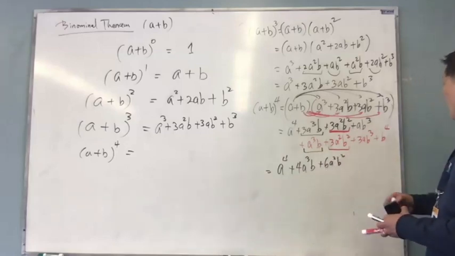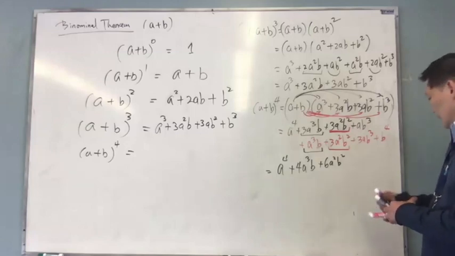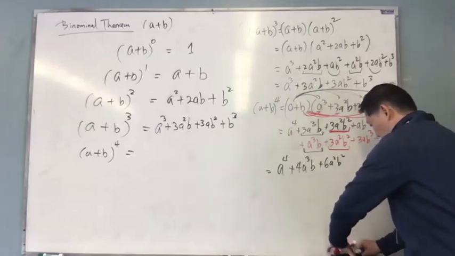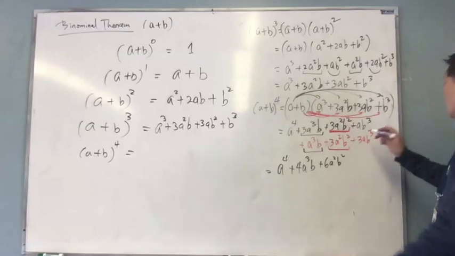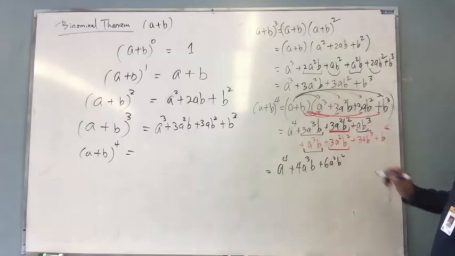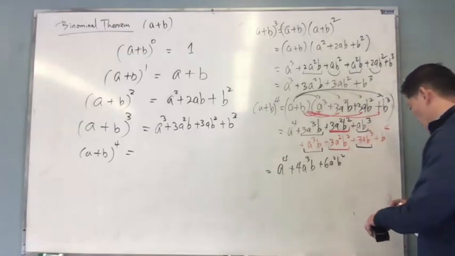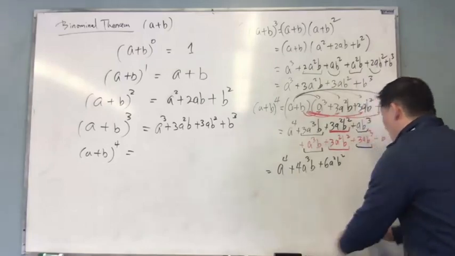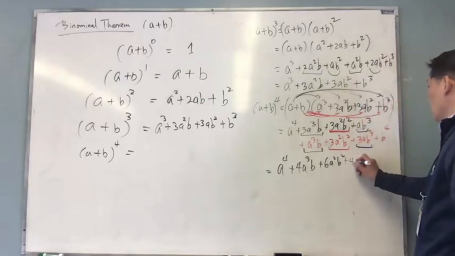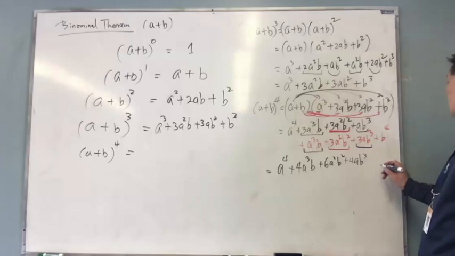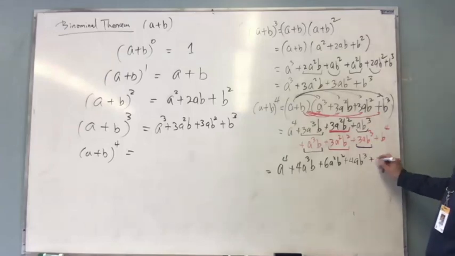Okay, and then we have ab cubed. I have 3ab cubed, so I got 4ab cubed, and what I left is b to the fourth power.